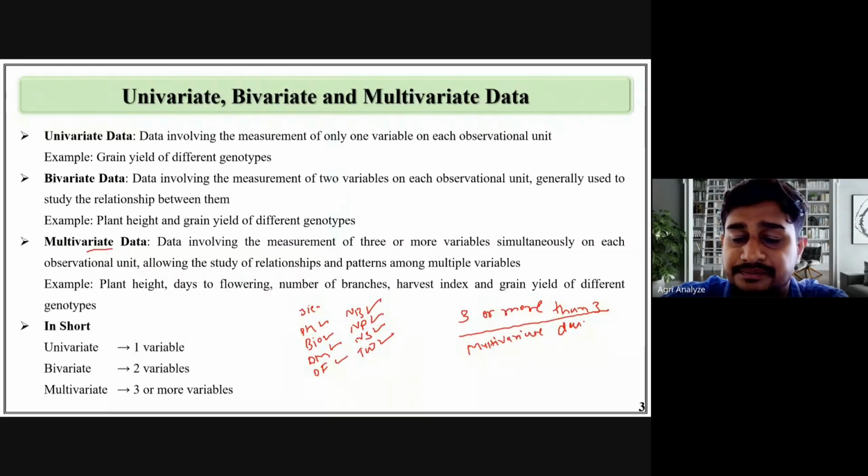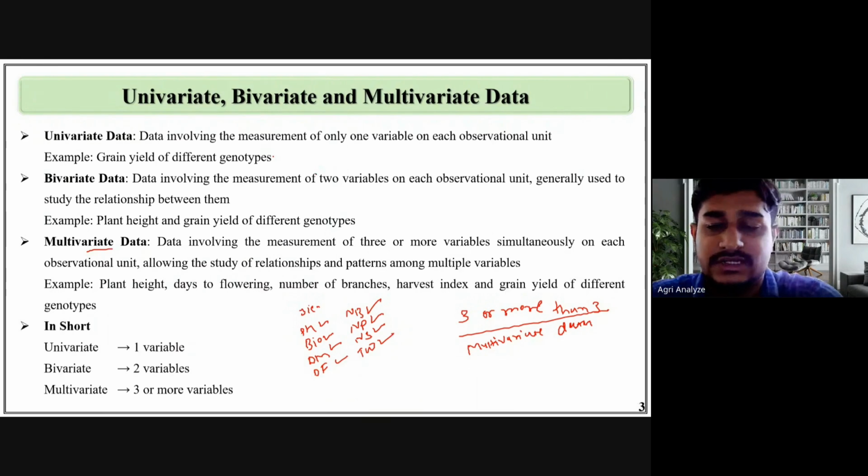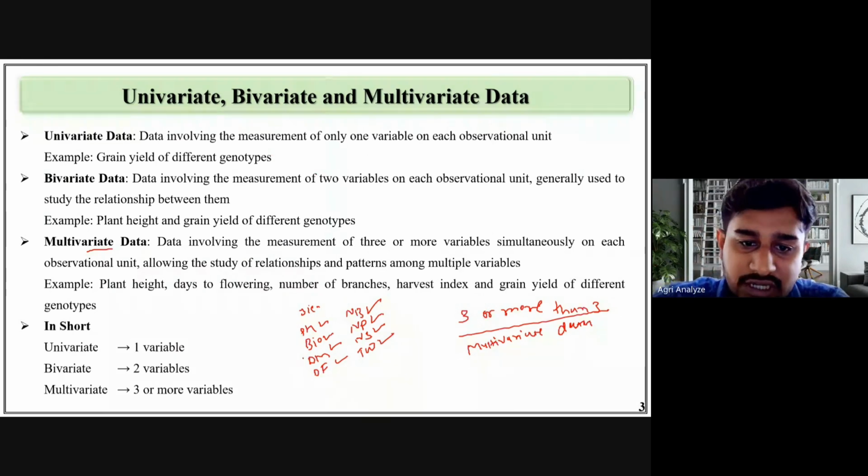Multivariate data involves the measurement of three or more variables simultaneously on each observational unit, allowing the study of relationships and patterns among multiple variables. Let's see: if we consider only a single variable, then it is univariate. If we study two variables, then it is bivariate.